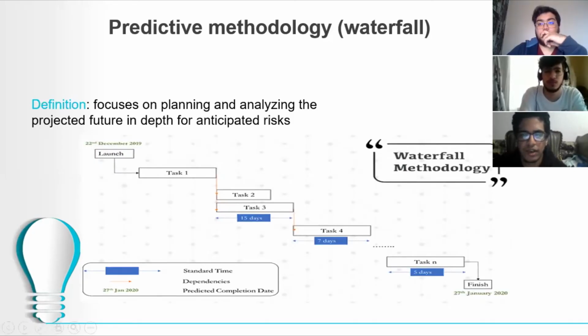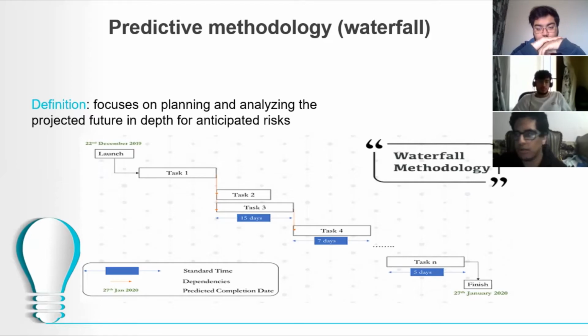Next. The first method is the predictive methodology, also called waterfall. The predictive methodology focuses on planning and analyzing the projected features in depth and anticipated risk. It's like, from the name, a waterfall, like one line which goes all the way with no stopping, no going back.